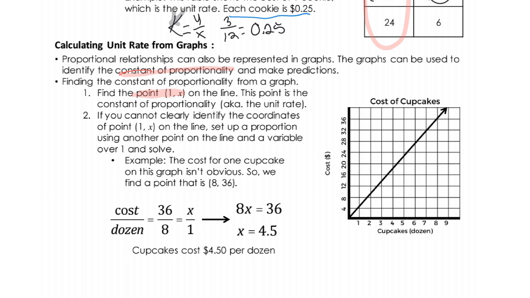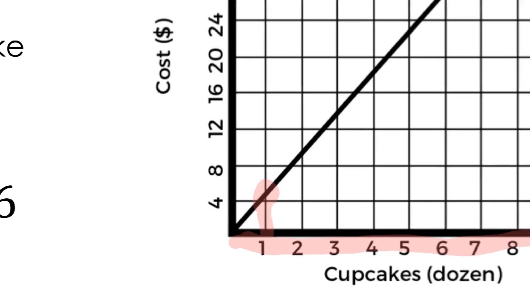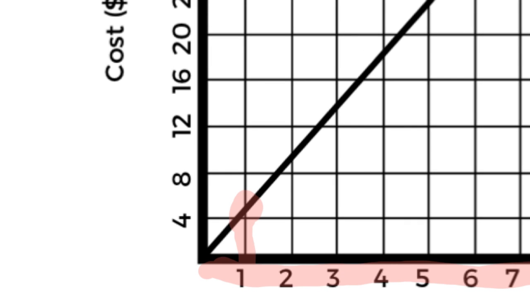And this is your unit rate. Wherever we see 1 down here, we want to find that on the graph. But if you look, it's not exactly on that graph. Let's zoom in a little bit to see how it's not exactly a point that we can determine. So we might have to look at something else.